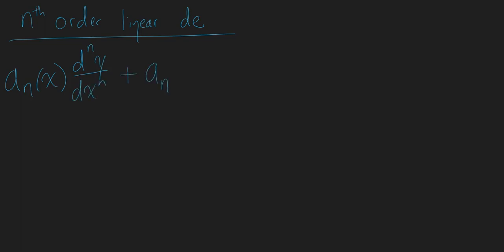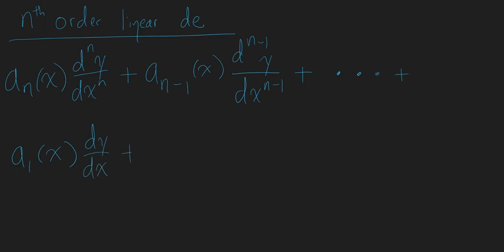And then we'll move regressively, so a sub n minus 1 of x, and then this is being multiplied by 1 less than whatever derivative we started with, so here the n minus 1th derivative, and we move on and on and on, all the way until we get to a sub 1 of x, and it's a subscript 1, so this will be multiplied by the first derivative of y with respect to x, and then plus a sub 0 of x times the 0 derivative of y, which is just known as y. And this is all equal to some function of x.